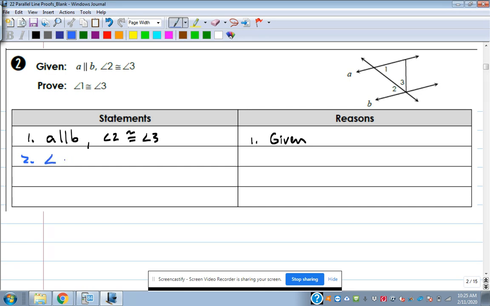So angle 1 would be congruent to angle 2 through alternate interior angles. Not supplements because they're not supplementary. But if 2 is congruent to 3, it's transitive, because there's 3 things there.